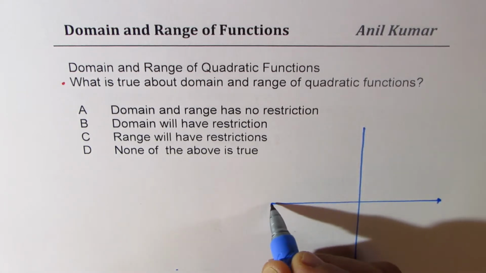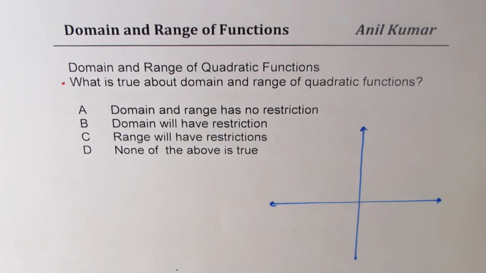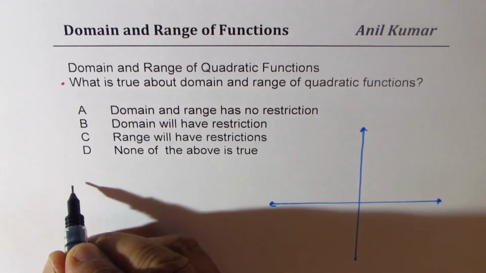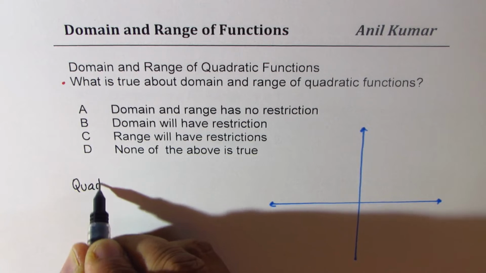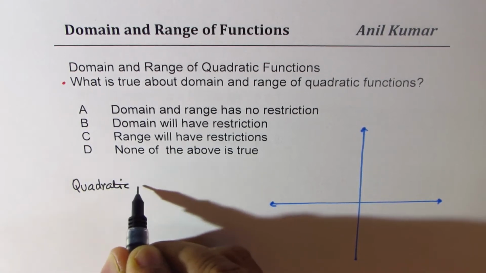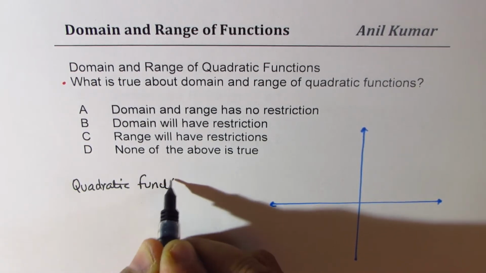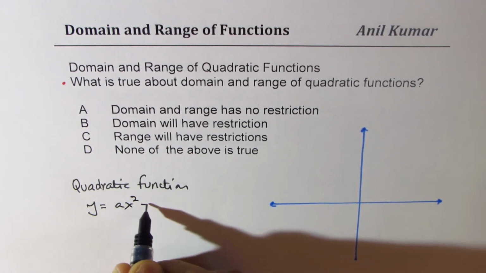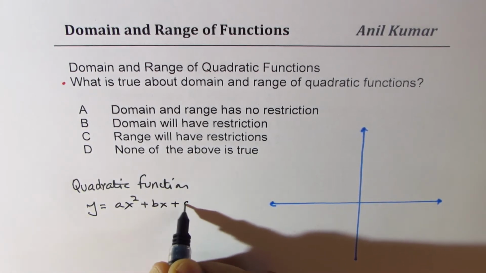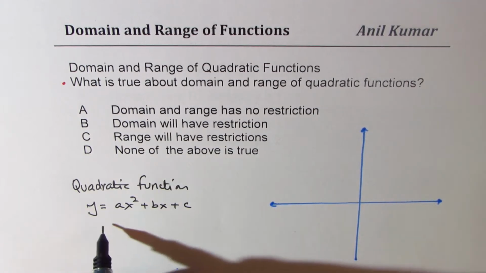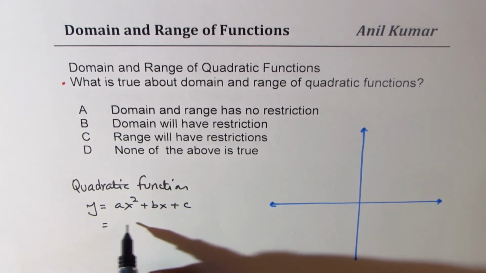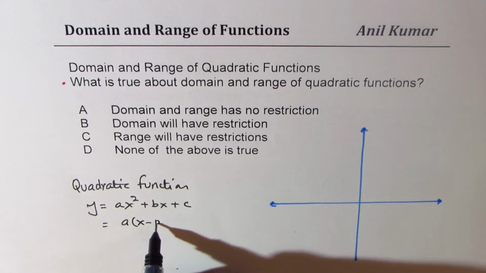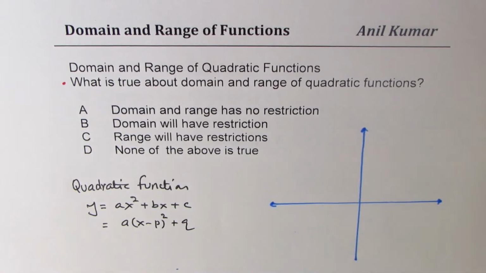Now here is how we should think about quadratic functions. Whenever we say quadratic function, we mean that the equation is y equals ax squared plus bx plus c, which could also be written as a(x minus h) whole squared plus k, in the vertex form.